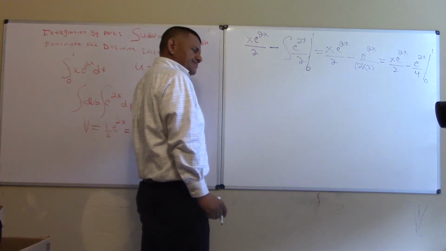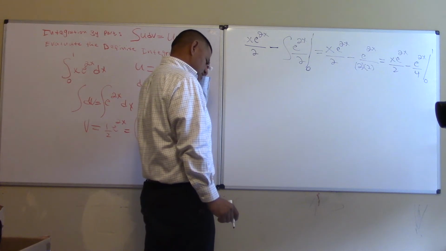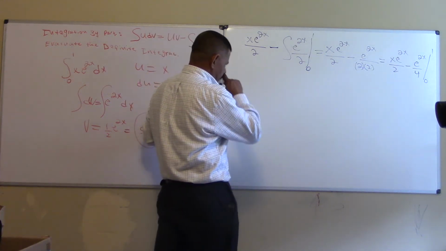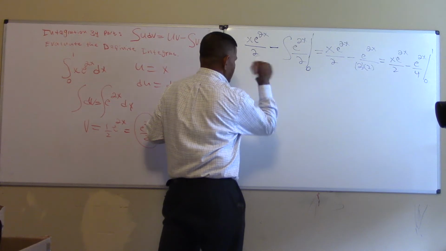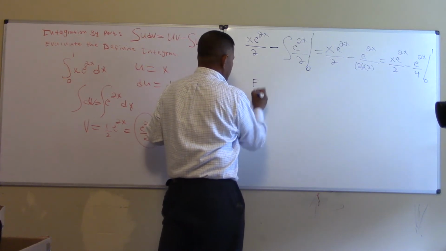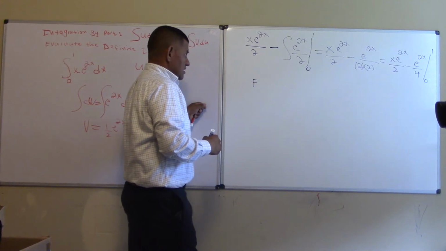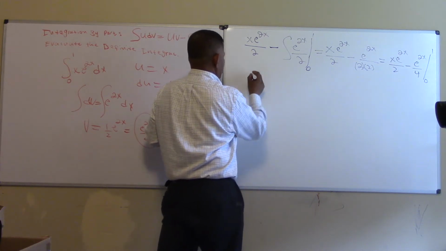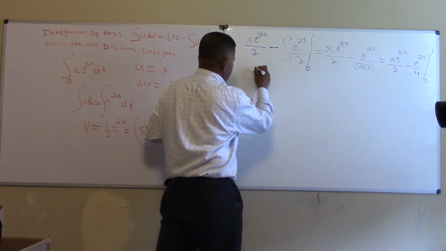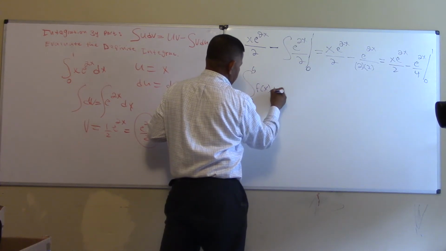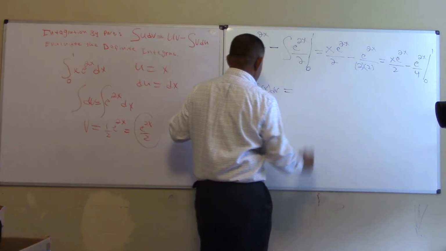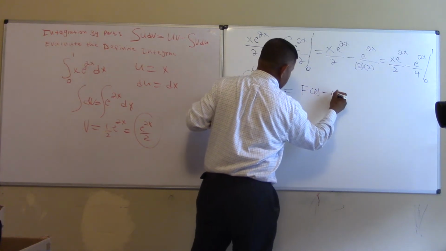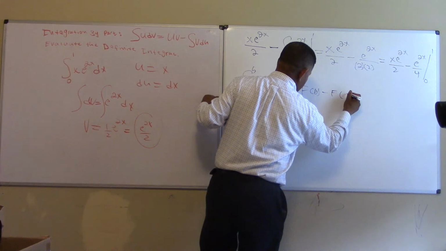I think I did this in a definite integral before, but let me do a quick review here. Basically, the second fundamental theorem of calculus says the integral evaluated from a to b of f of x dx is equal to big F of b minus big F of a.